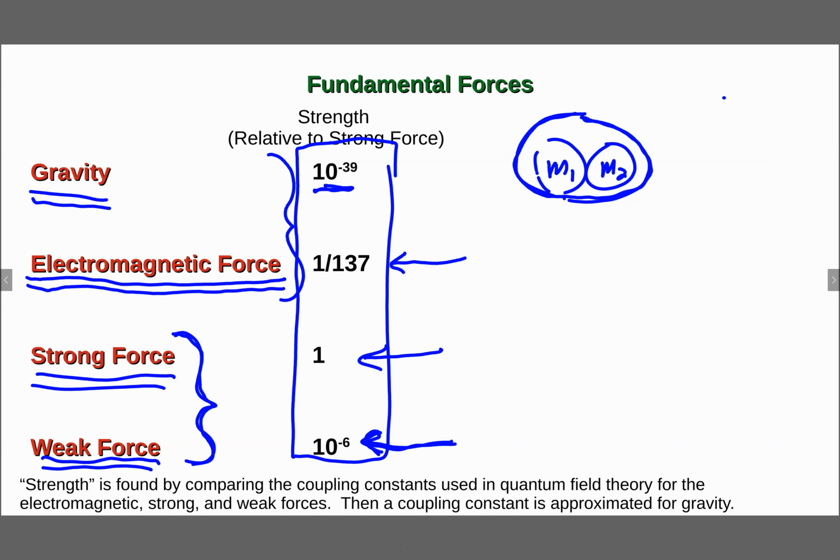And we can think about mass as kind of gravity's charge, okay? So we said the strong force has 3 different charges. The electromagnetic force has 2 different charges. Well, gravity has charge, but only 1 charge. Just mass, okay? And mass is always positive, okay? So then I have this pair of objects.